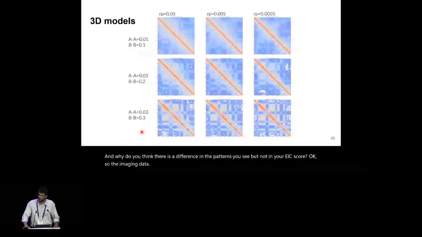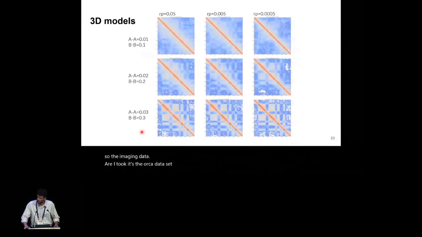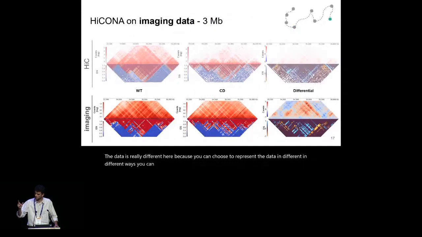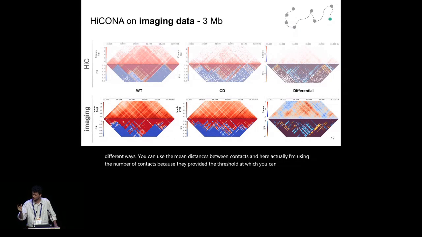So the imaging data is the ORCA dataset from Bottiger. The data is really different here because you can choose to represent it in different ways. You can use the mean distances between contacts, and here I'm actually using the number of contacts, because they provided the threshold at which you can consider two regions in contact.